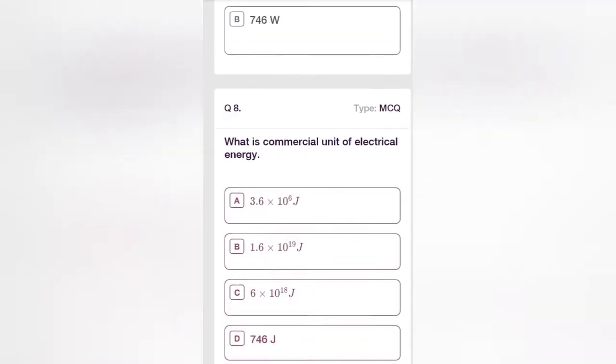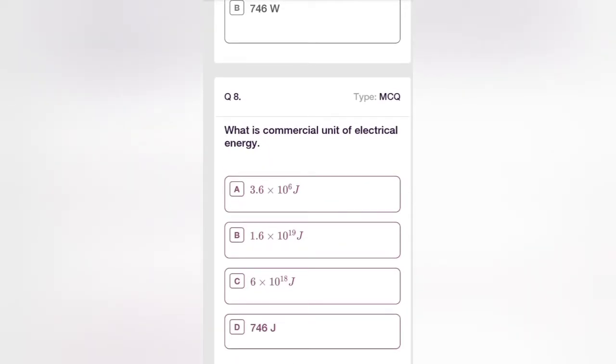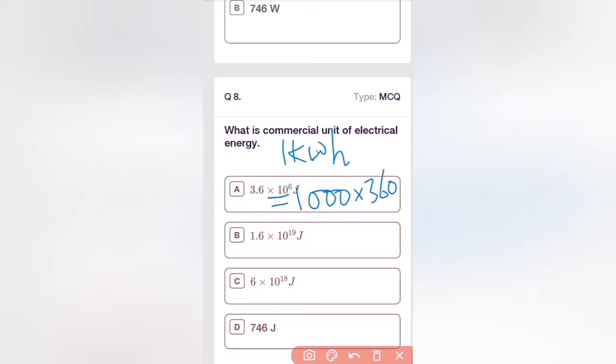What is the commercial unit of electric energy? The commercial unit of electric energy is 1 kilowatt hour. But when we convert 1 kilowatt hour into joule, kilo can be written as 1000 watt and hour can be written as 3600 seconds.